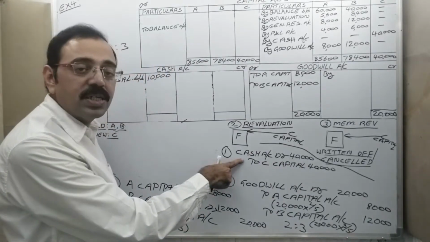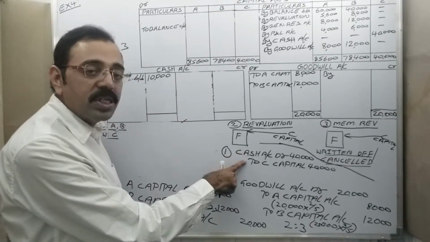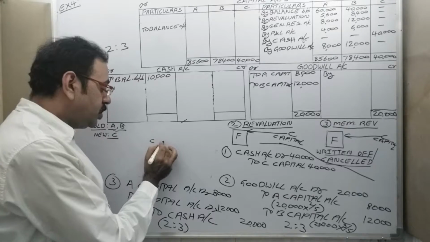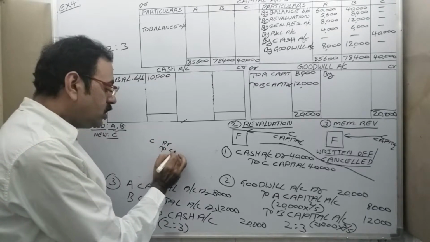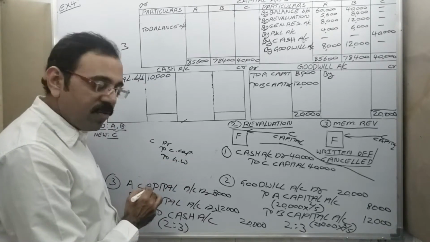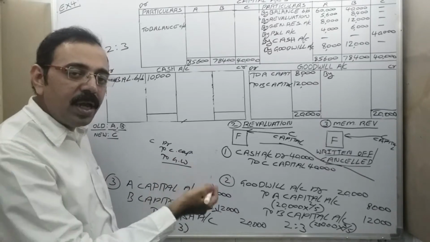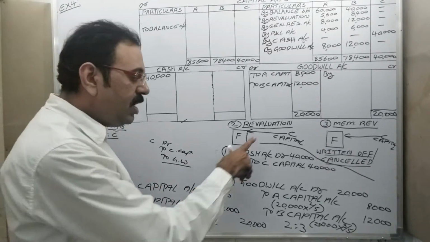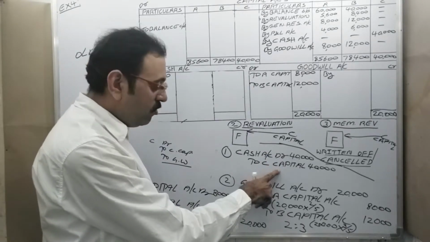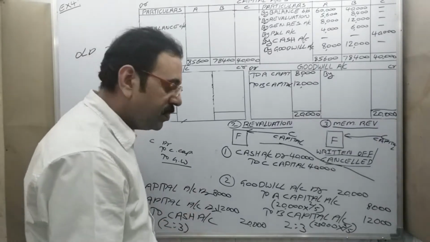This is the first difference between premium method entry and revaluation method entry. In premium method we used to write cash account debit to C capital account, to goodwill account. Why are we crediting goodwill? Because the new partner is bringing capital and goodwill both. But in revaluation method, since the new partner is not bringing goodwill, we should not credit goodwill. This is one difference.